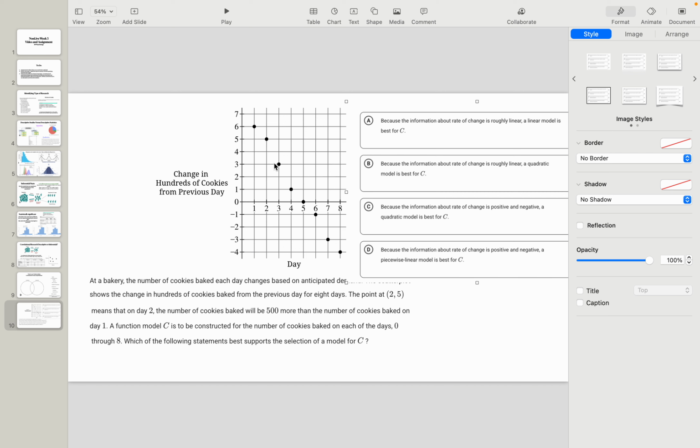Not exactly linear, but the rate of change is going to be roughly linear between those points. Now, B is the better answer because that is a true statement.